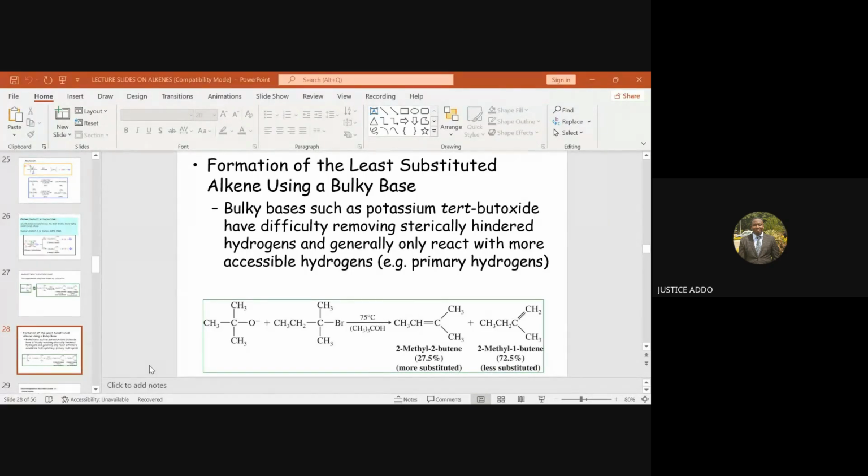And so the bulky base will turn and look for accessible hydrogens to remove instead. That will form an alkene which is less substituted and becomes the major product. So look at the condition at which the bulky base will give you the reverse.